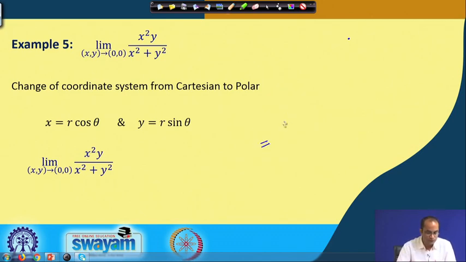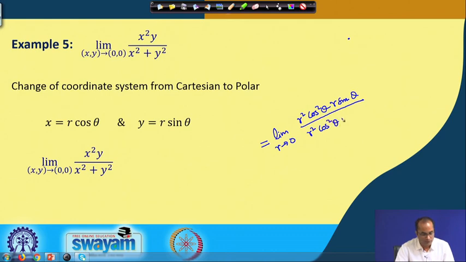So, the limit again as r goes to 0, x square is r square cos square theta, y is r sin theta, and we have here in the denominator r square cos square theta plus r square sin square theta. This will become r square.